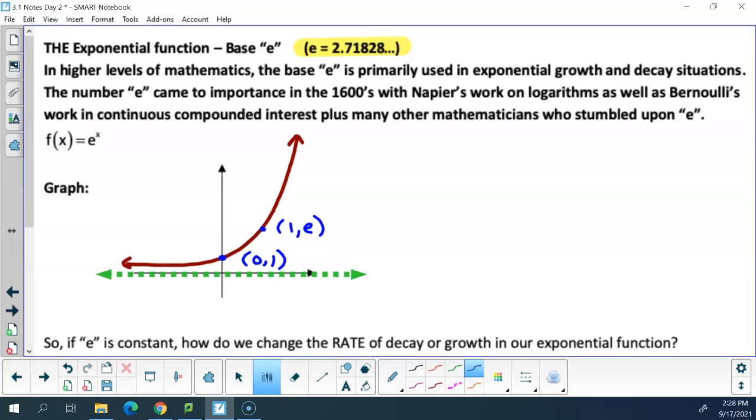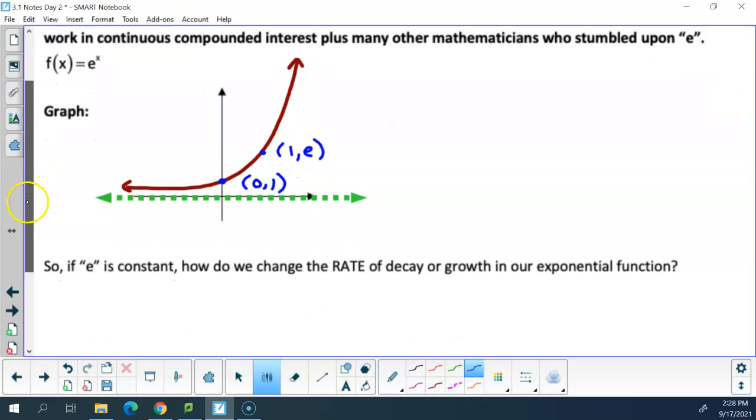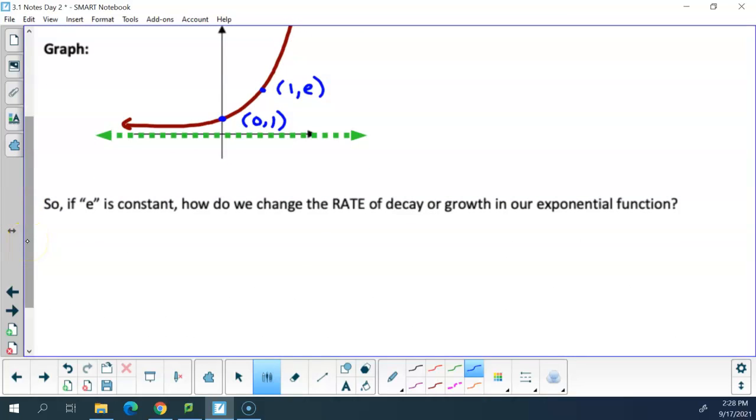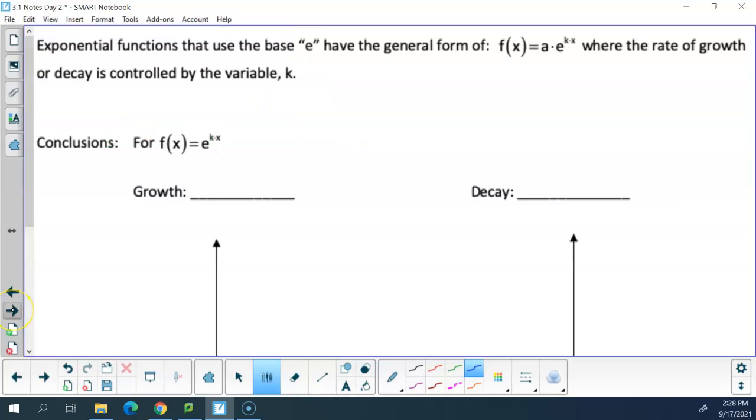E is constant. How do we change the rate of growth of the function? Okay. Well, let's explore it.